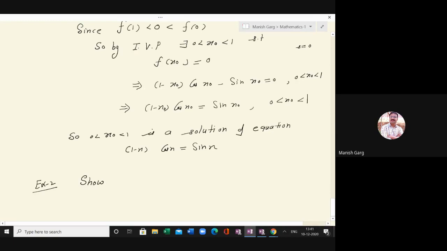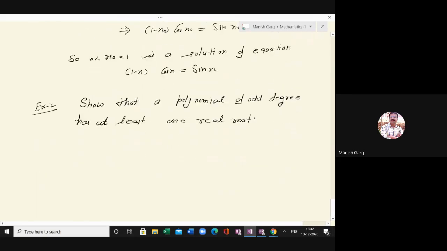Mostly you use this result: a polynomial of odd degree has at least one real root. You know this result. So let us prove it by using IVP.